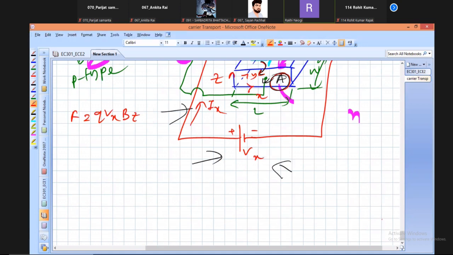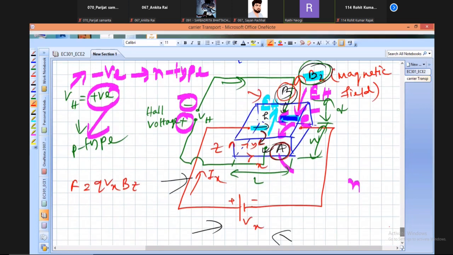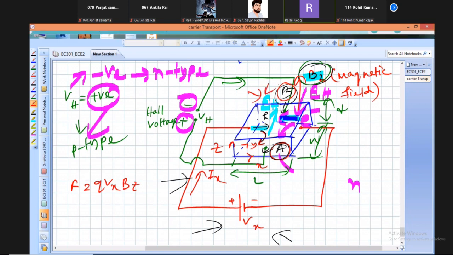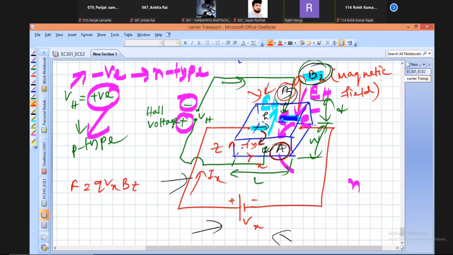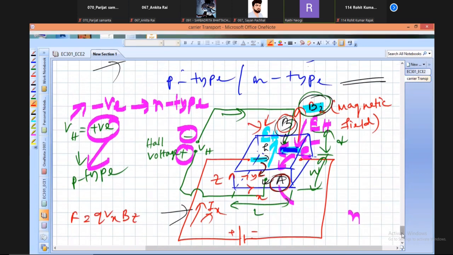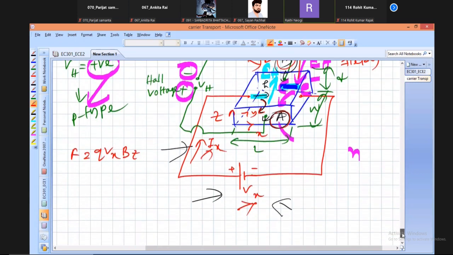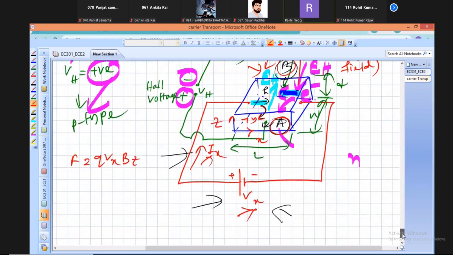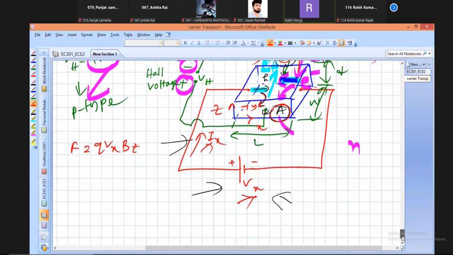Under steady state, the magnetic force will be exactly balanced by the induced electric field force, because this electric field E_H we are not applying externally. We are applying E_x, and due to this, current I_x flows, but due to the presence of the magnetic field, the holes experience a force and gather on side A compared to side B, due to which an electric field is set up.